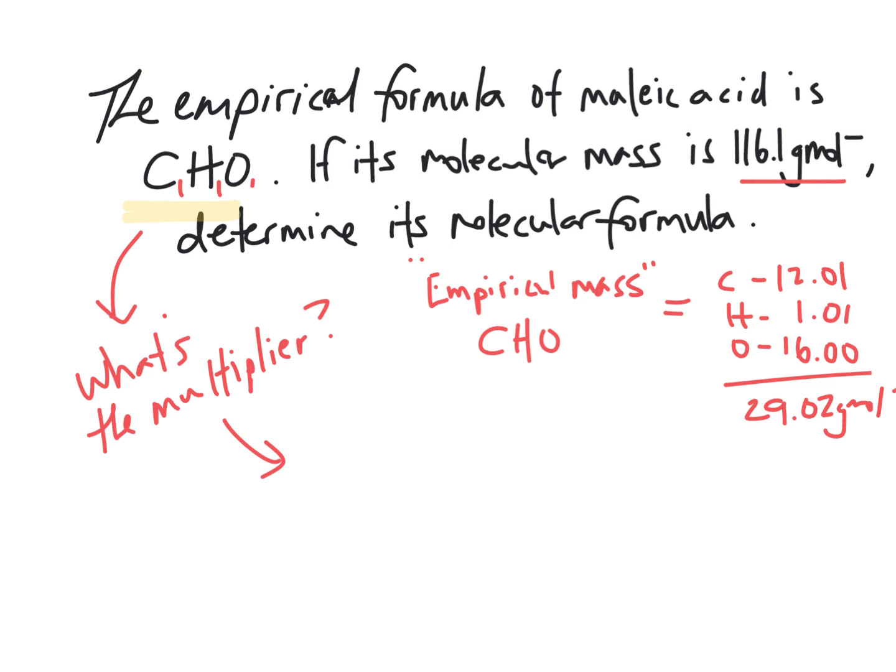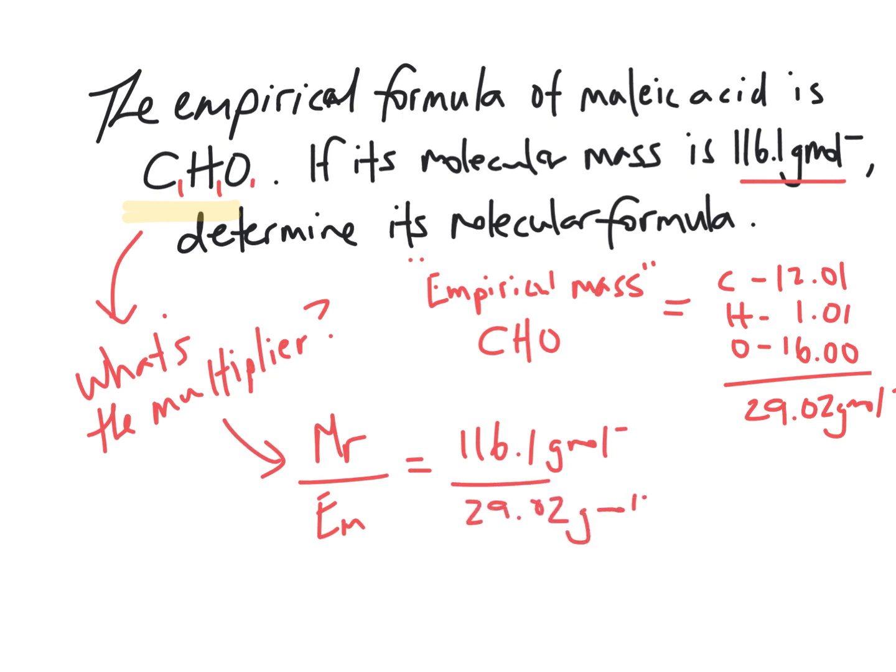We're going to divide the actual relative molecular mass that we are given, the 116, by the empirical mass. That'll give us what the multiplier is. Hopefully this turns out to be a nice whole number. That would be lovely. So pump it all in there, and never mind my ugly writing. If you do that, you get roughly 4.